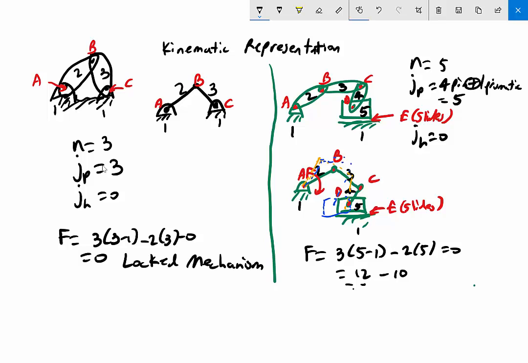Oh, so it's the bottom of the screen already. Let's see, how about here? I'm trying to get a spot that still works. Equals 2. So that means I need 2 actuators. What are my 2 actuators?